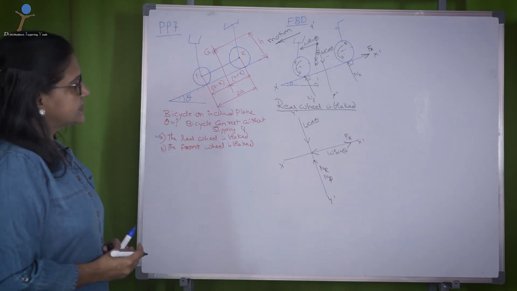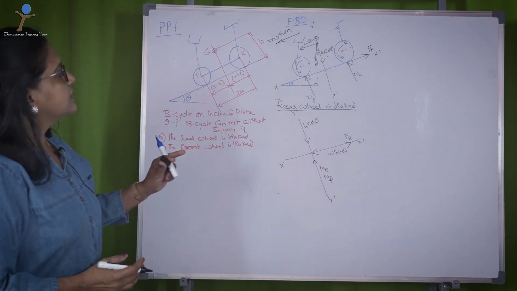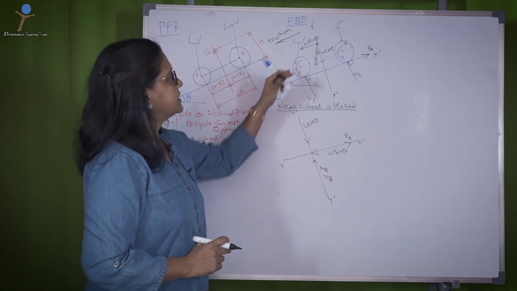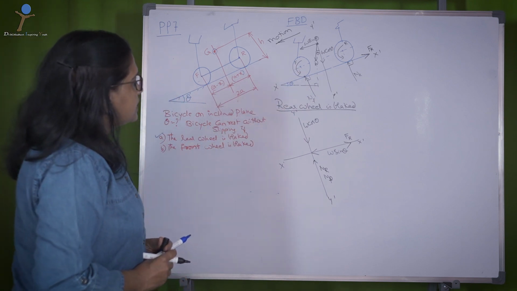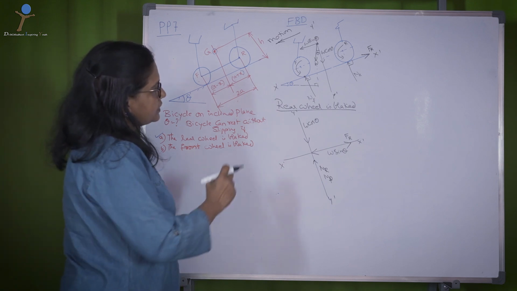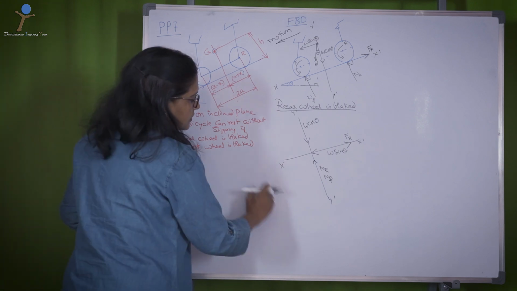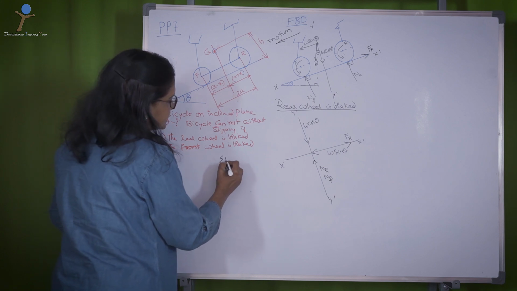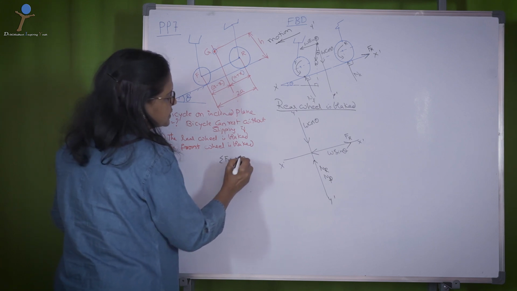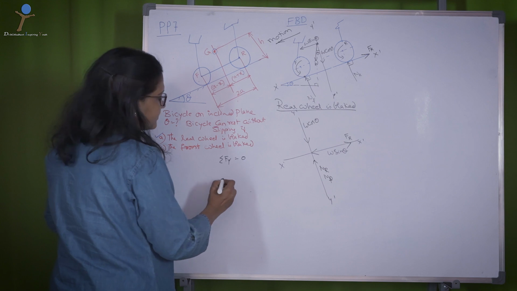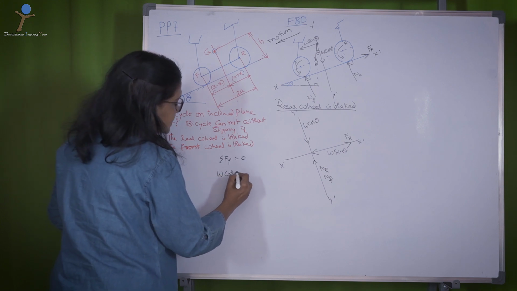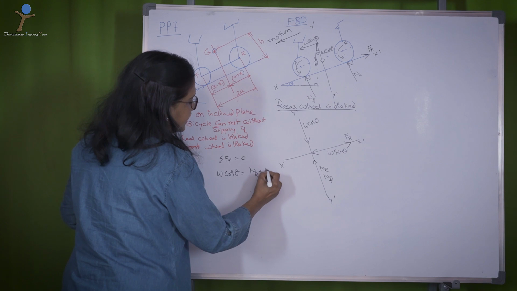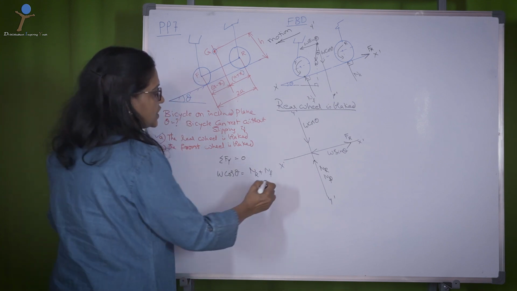These are the forces acting on the system, both the inclined surface and the wheels. Now write the equilibrium conditions. First, sigma Fy dash equal to 0: w cos theta equals NR plus NF, that is equation number 1.